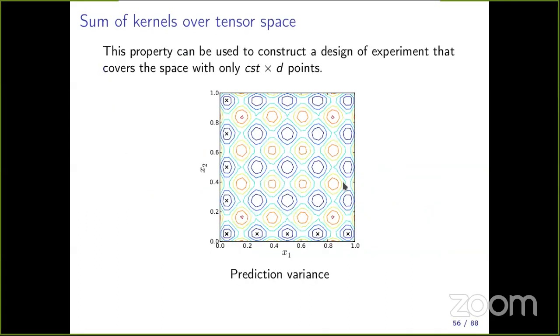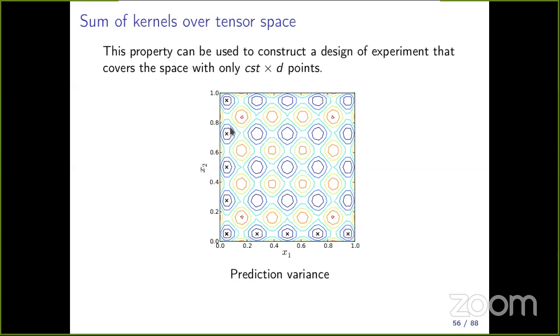So this can be used in higher dimension to get models that are quite accurate, even with a number of points that just grows linearly with the dimension. So here, if I just have observations along the axes, I'm going to have a prediction variance that is 0 at all these points on the grid.